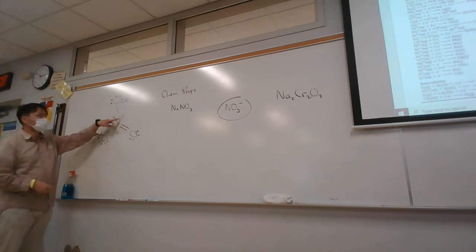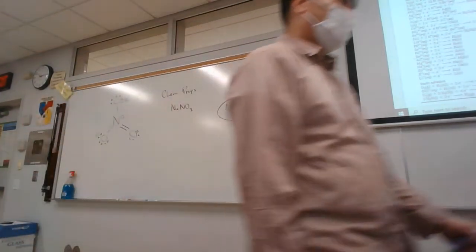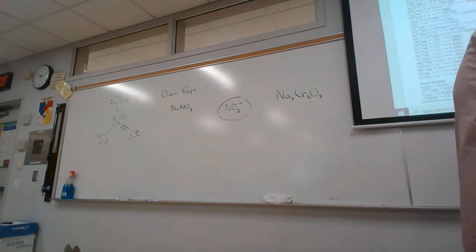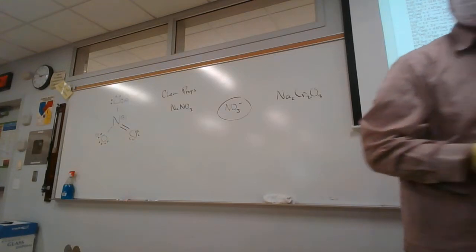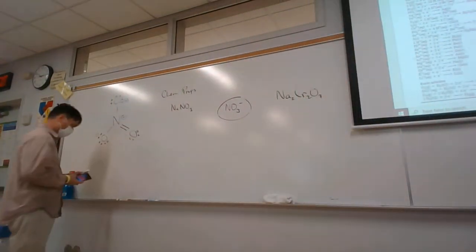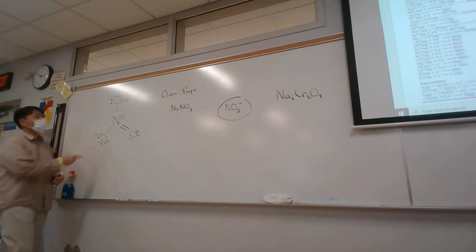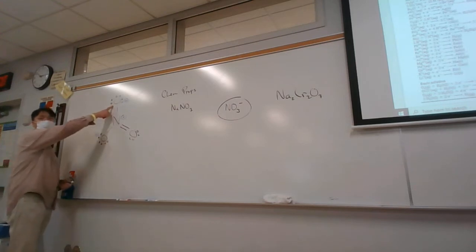Let's take a look at the oxidation states. The formal charges I circled, the oxidation states I put in parentheses. What are the oxidation states on the atoms in nitrate? All right, what's the oxidation state of this oxygen?